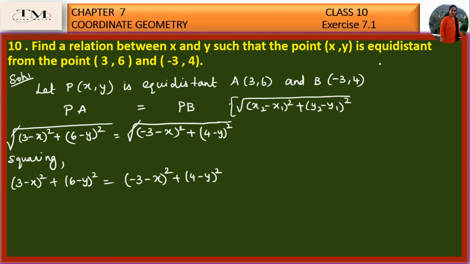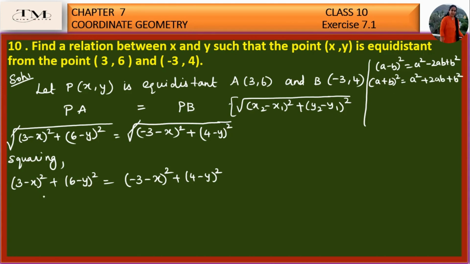We all know the a minus b whole square formula. It is a square minus 2ab plus b square. What is a plus b whole square? It is a square plus 2ab plus b square.